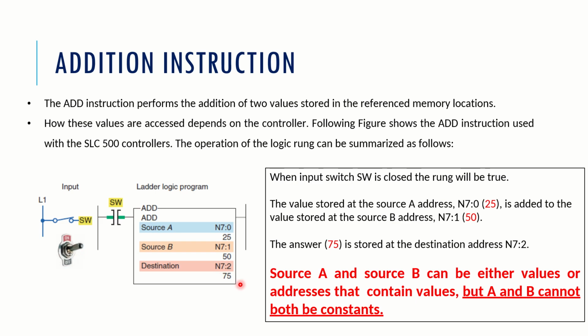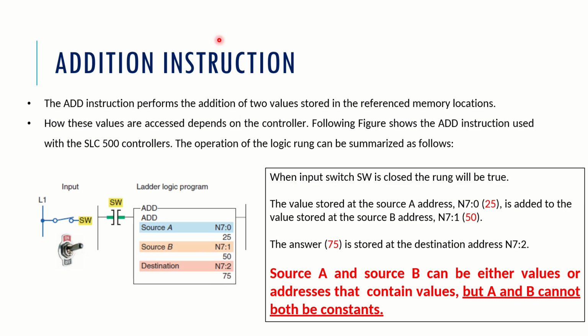Now you can see here that source A is defined with the address N70. Source B is defined by the address N71, and the destination has been defined by the address N72. So in source A we have stored 25, in source B we have stored 50, and therefore the destination has the value of 75.